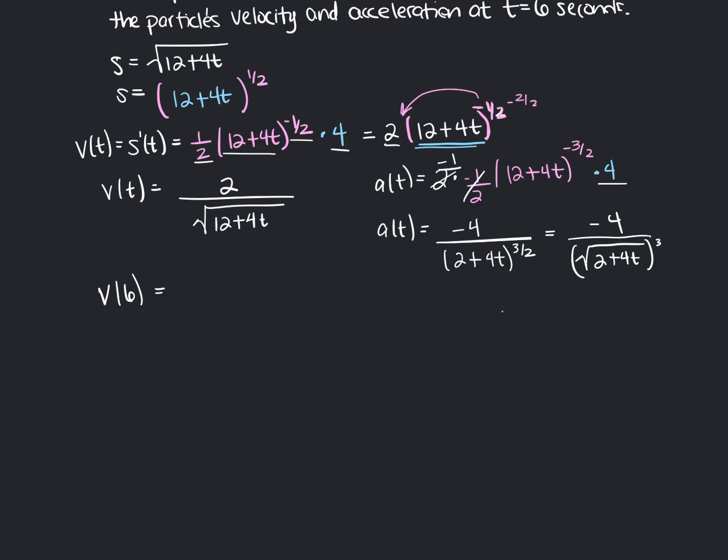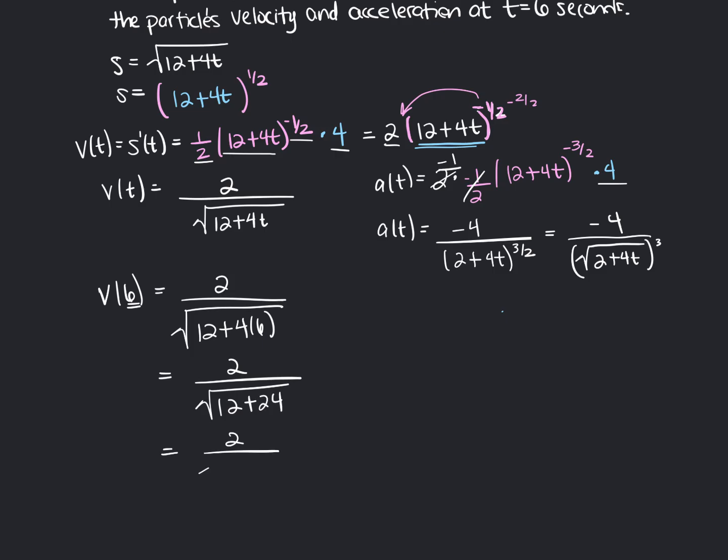So that's 2. If I'm plugging in 6, not a 4, like I just tried to do, that's going to be the square root of 12 plus 4 times 6. So that's 2 over the square root of 12 plus 24, which is 2 over the square root of 36.